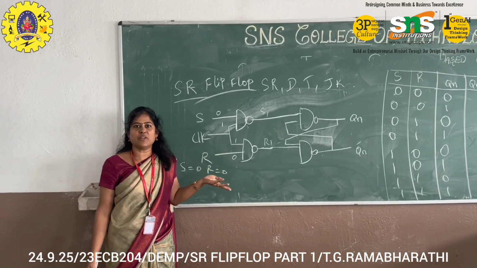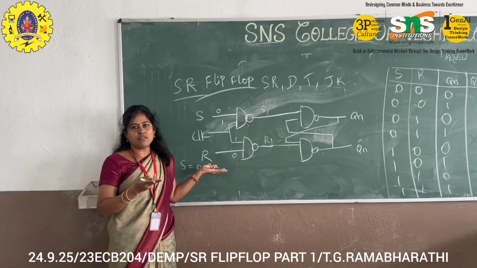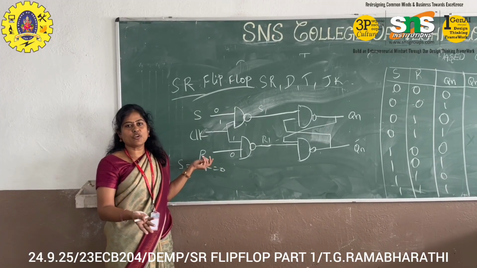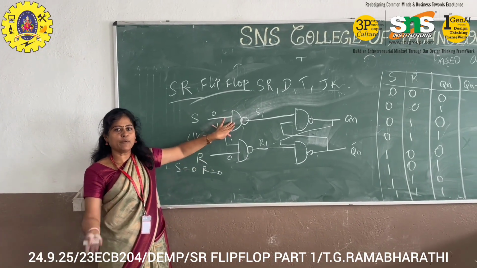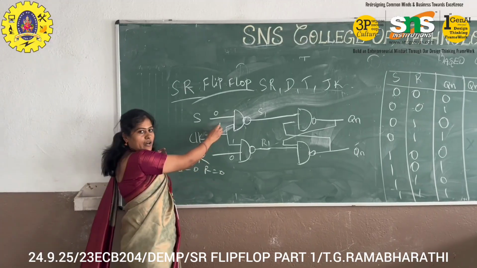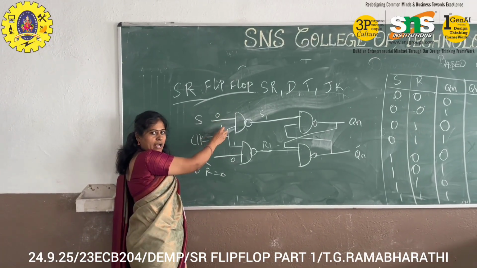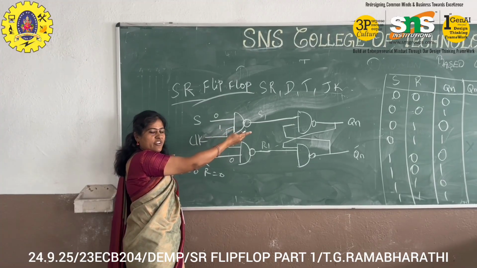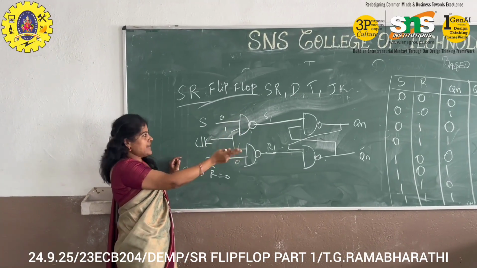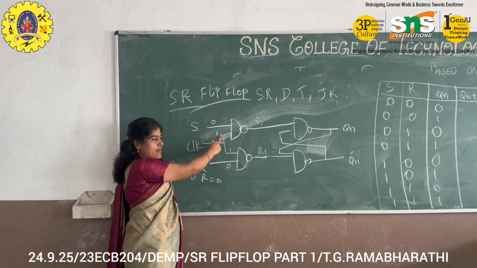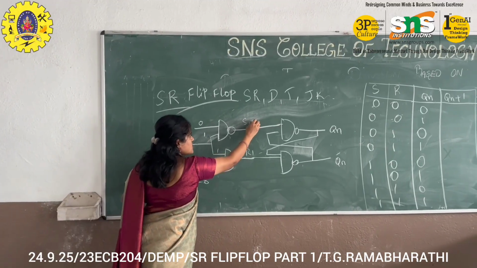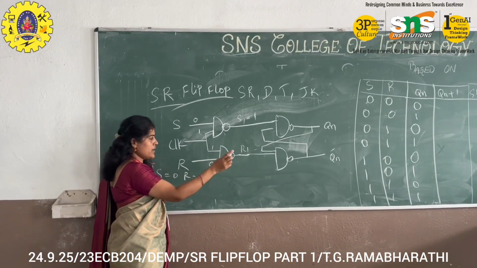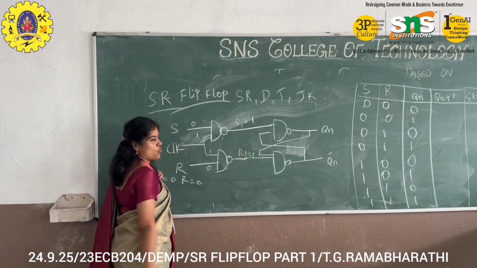The AND gate is the multiplication operation: if both inputs are 1, the output is 1, and if 1 and 0, the output is 0. But this is the complement of AND. Here I am giving 0 and 1, so the AND output would be 0, but since this is NAND, the output S1 will be 1. And here also 1 and 0, so the output will be 1. So R1 is also 1.